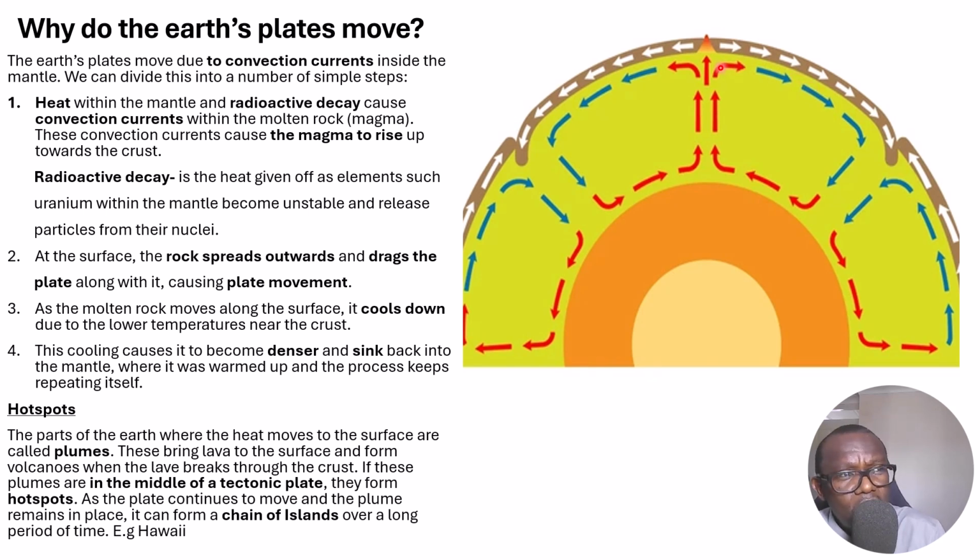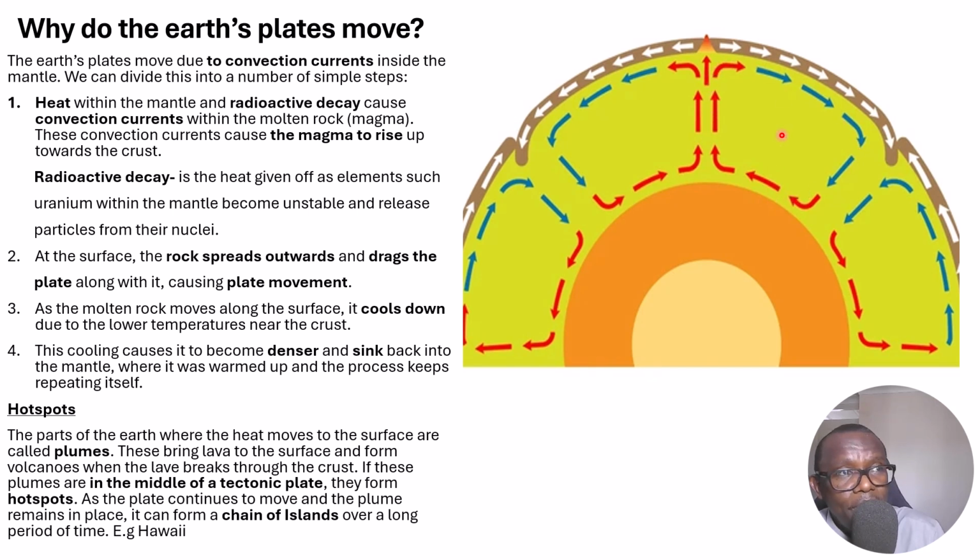Now because the magma is now near the surface, it's likely to lose temperature. And due to that loss of temperature, it now becomes heavy and dense and begins to sink back towards the asthenosphere. As you can see here, these are blue arrows representing cooler magma, which now is heavier, it sinks, and then gets back to the asthenosphere and is warmed again and then brought back to the surface, and that process repeats itself.